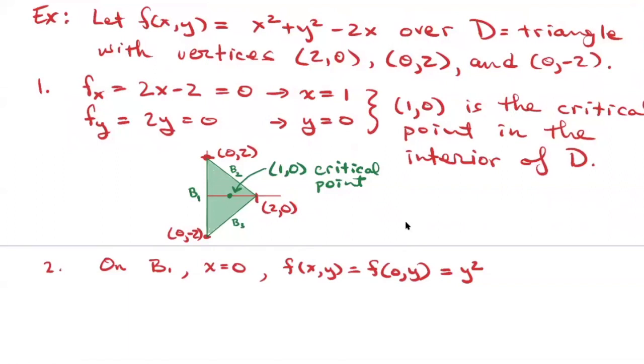The derivative now will be a regular derivative. So the derivative with respect to y of f of 0, y will be 2y. Set it equal to 0, and that means y is 0. So we have one critical point, 0, 0.